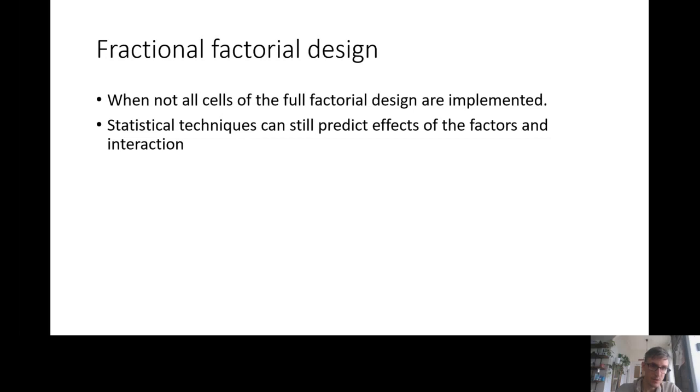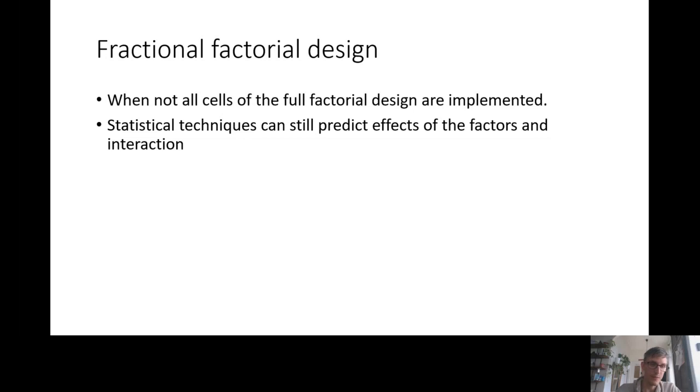So it is also possible to do a fractional factorial design, which is basically if you leave out some of these cells, so you don't have a group for each possible combination, you have some combinations that are not really within your study.